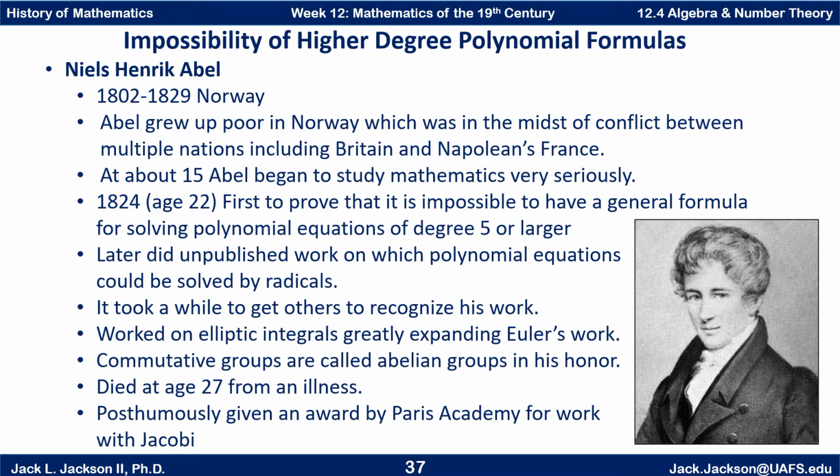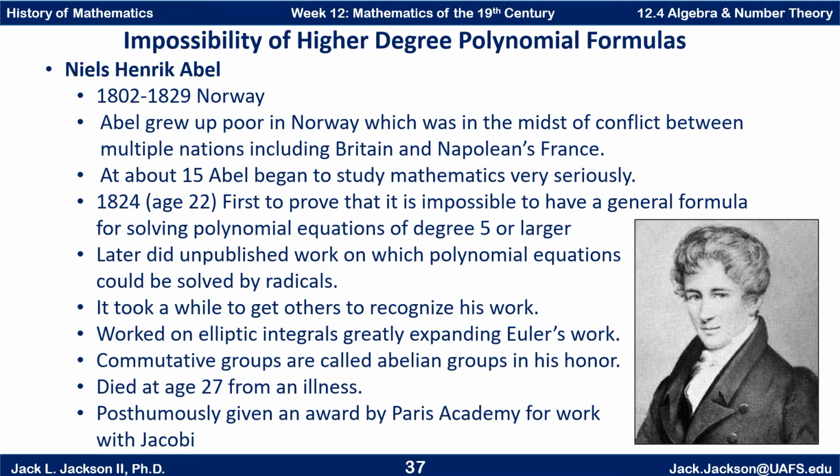If you had to say, well, who are the best mathematicians of all times? Well, if you measure it by the amount of time that they did work and how small that was and how important it was, both Abel and Galois, the two mathematicians I want to talk about next, would definitely rank way up there, because what they did in a very short period of time is quite amazing.